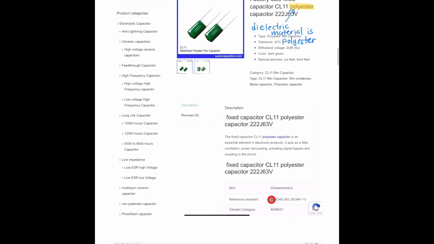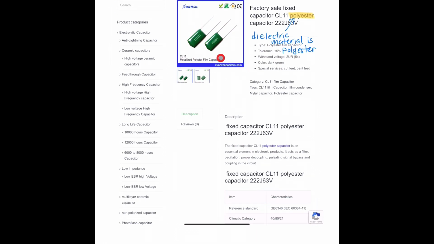And then this one is also a fixed type capacitor, and the dielectric material is polyester, right?